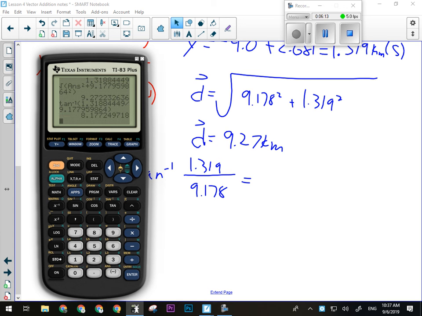Again, I'm keeping all the decimals. I'm putting them all in there, and I'm getting 8.18 degrees.